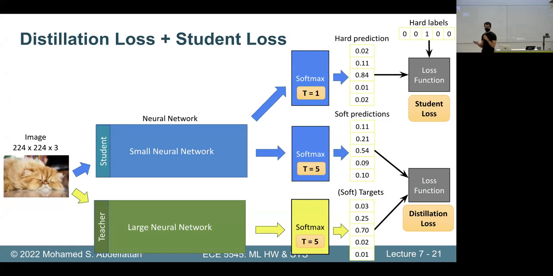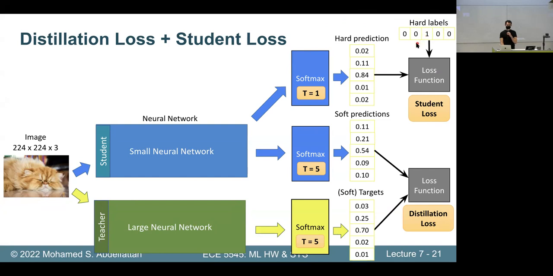We can still train with the hard targets, right? So with the actual ground truth from the labeled data itself. And so usually what happens there is that we have another output with a standard softmax temperature. We train it with the hard labels. So now here we have a 1 where the correct class is.